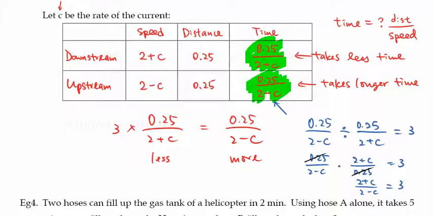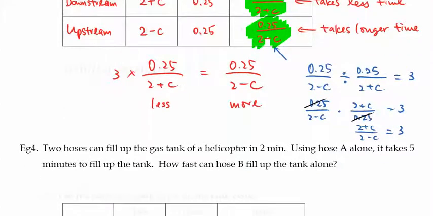And I can solve this equation from here. Let me use some space at the bottom. That means the speed of the current will then be 1 kilometer per hour.